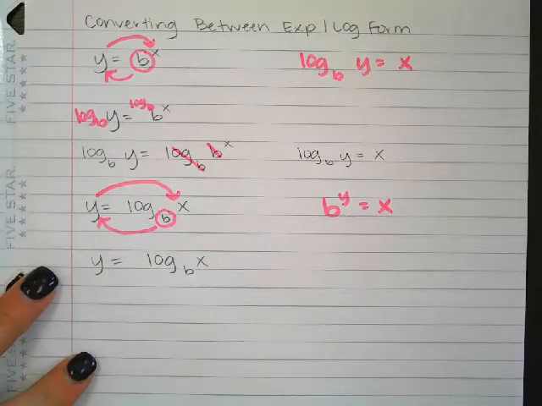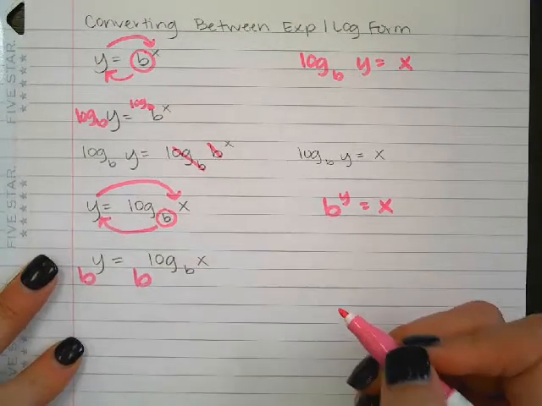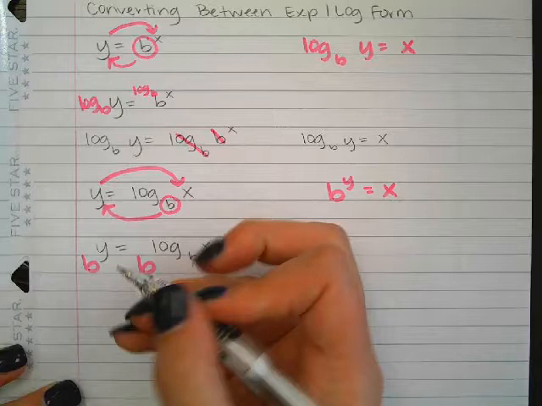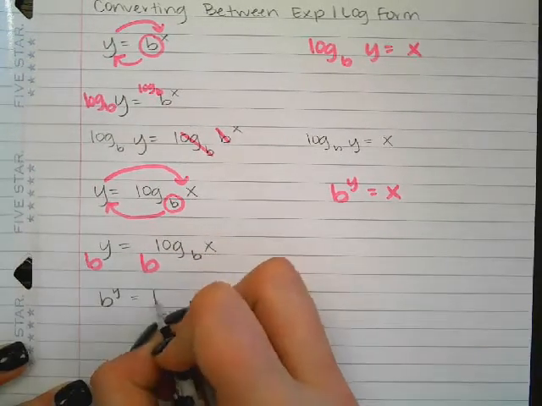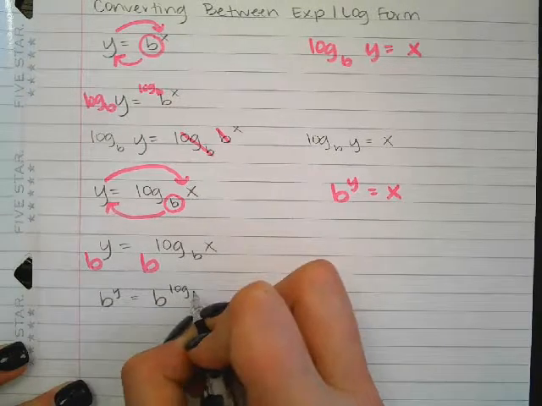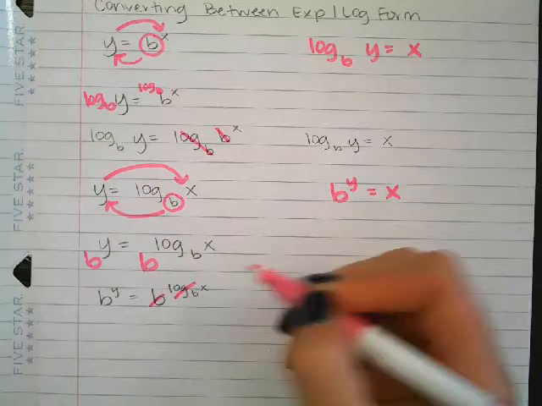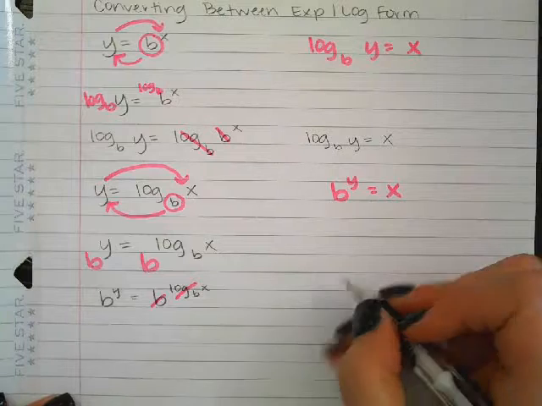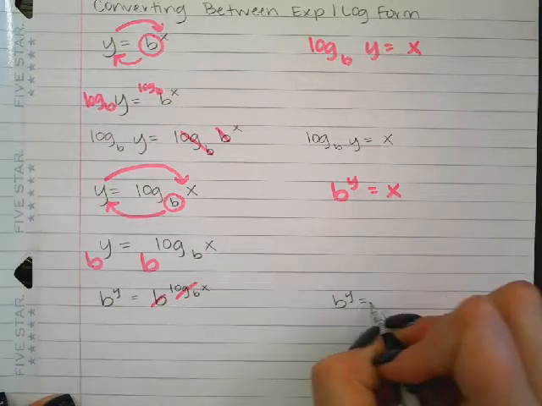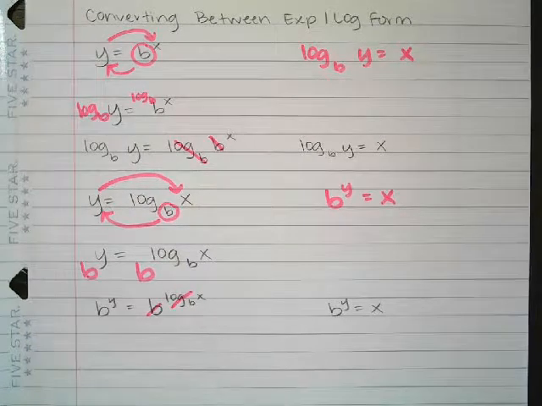So this one's kind of fun because it's got a weird word, but I'll put base of b right here, base of b right there. So what I have written now is b to the y power equals b to the log base b of x power. And the b and the log base b are opposites of each other. They're inverses, and so they cancel. And then that would just leave me with b to the y equals x. So two different ways of doing it. It just depends on what way makes you feel more comfortable, okay?